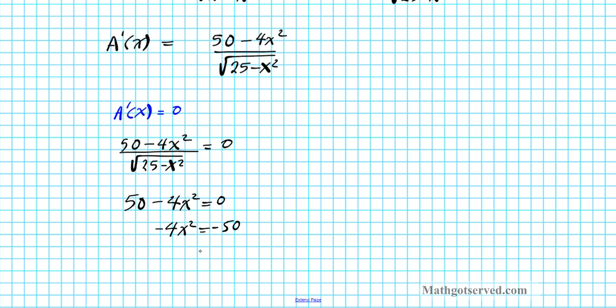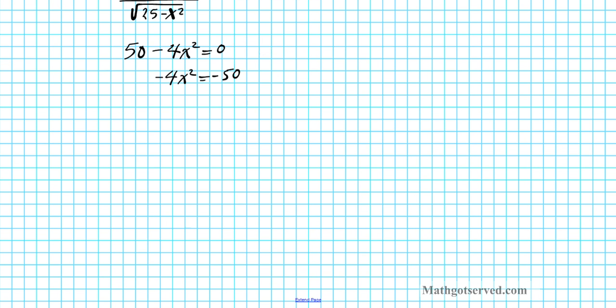And then if you divide by 4, you have x squared equals 50 over 4, which can be reduced to 25 over 2. If you take the square root of both sides, you have x equals plus or minus 5 over root 2. And then this can be rationalized into plus or minus 5 root 2 over 2.